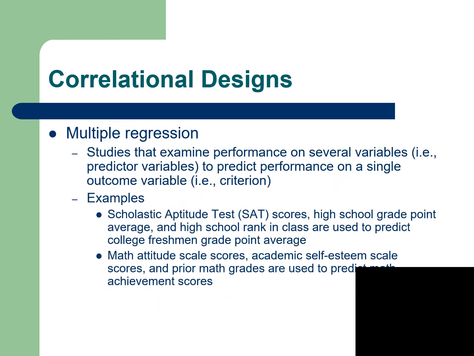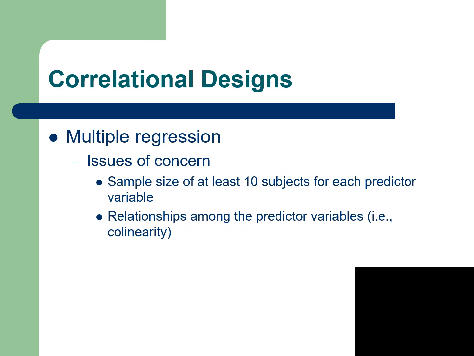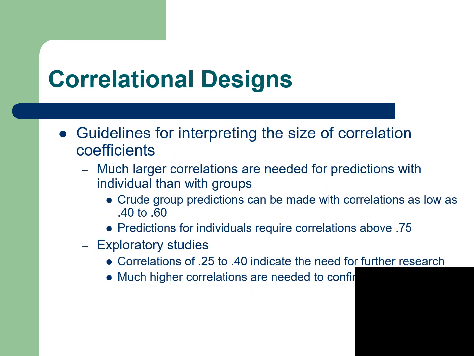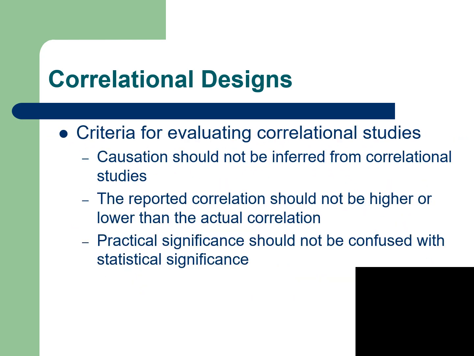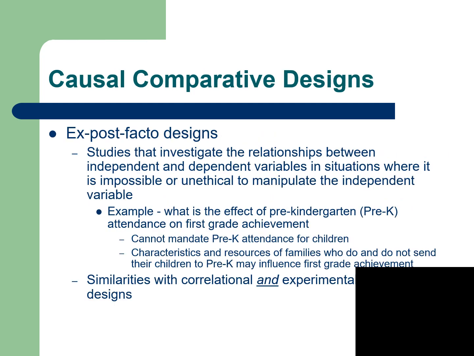Then the next topic that we will talk about is causal comparative design. We mentioned before that relationship or even prediction is not about causality. So we couldn't assume that one factor will cause the change in the other factor.